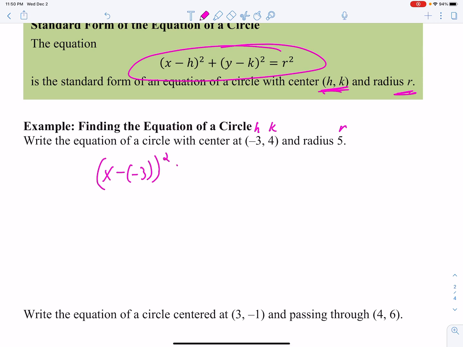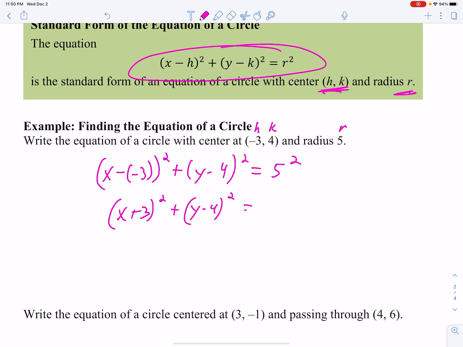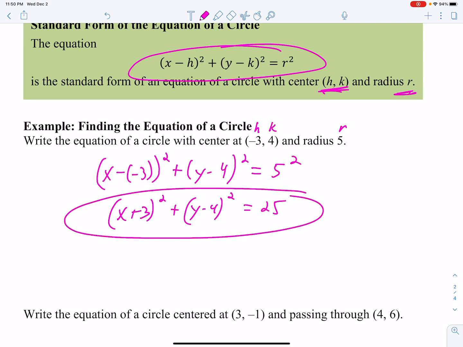Quantity squared, plus y minus k, which is 4 squared, equals 5 squared. So we'll clean this up. We'll do x plus 3 squared plus y minus 4 squared equals 25. Okay, and there you go. That's the equation of that circle with a center of negative 3, 4 and a radius of 5.